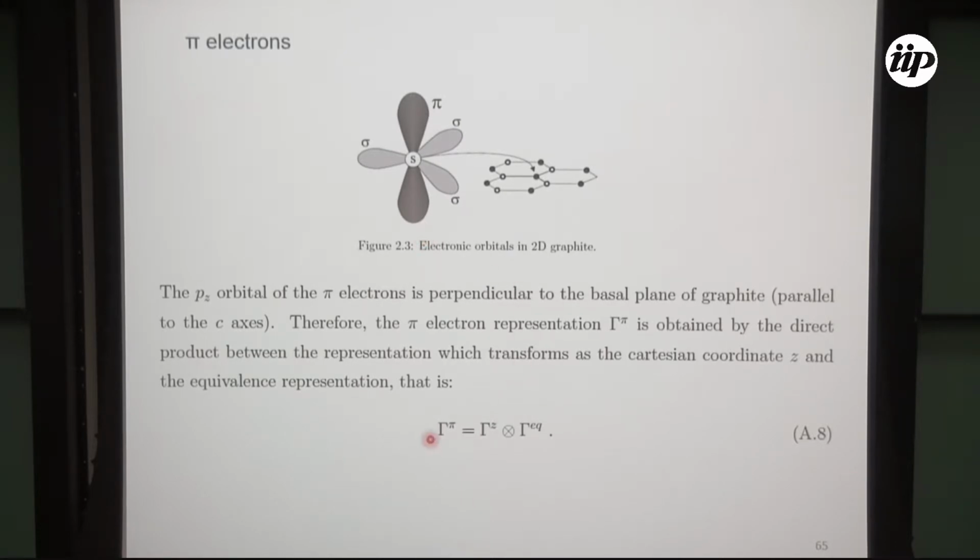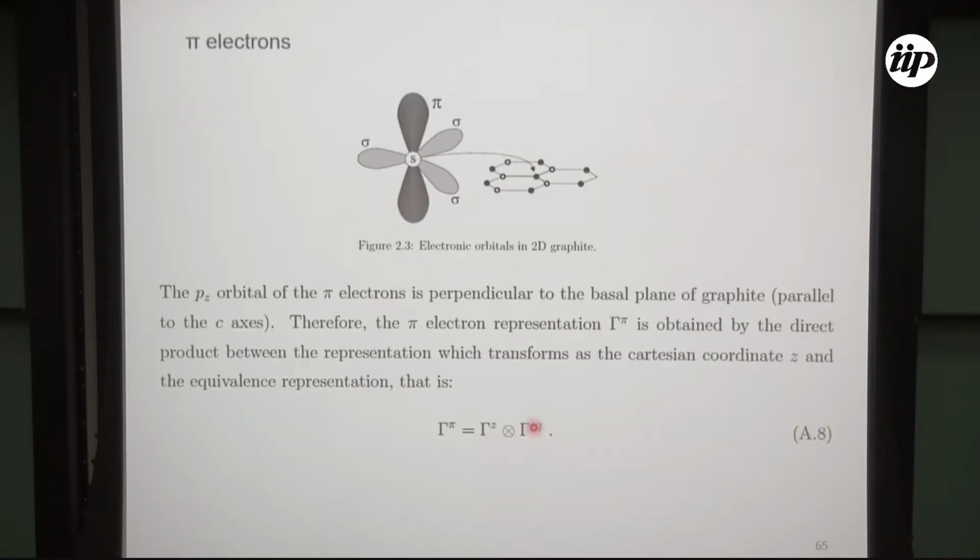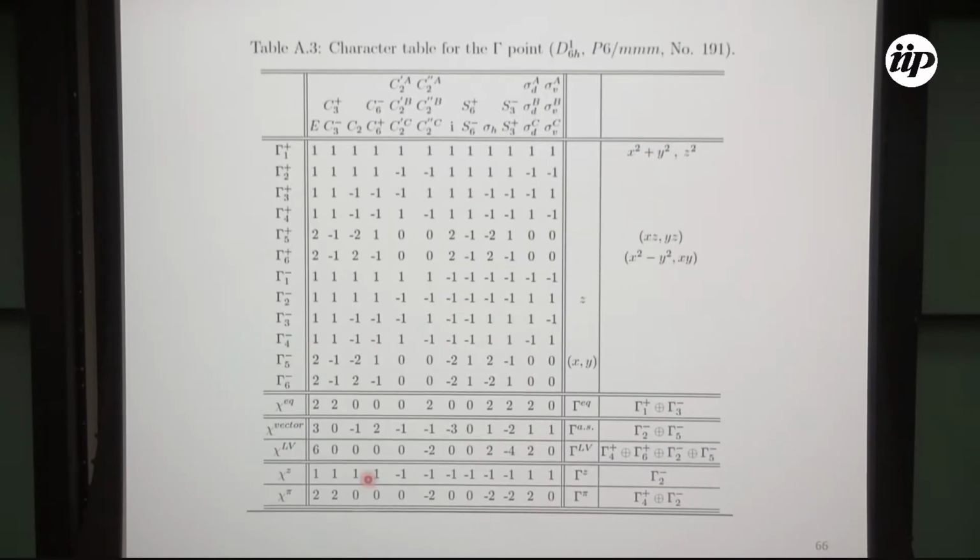This z is the function. Then what's the symmetry of this p orbital? It is the representation that is assigned to z, the basis function z, times the equivalent representation. Okay? Which one is z?